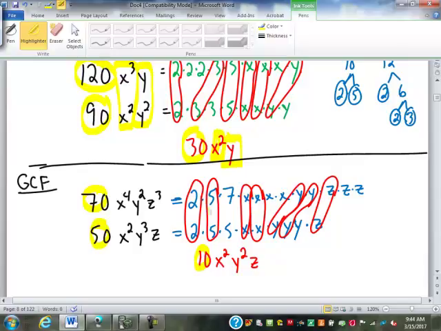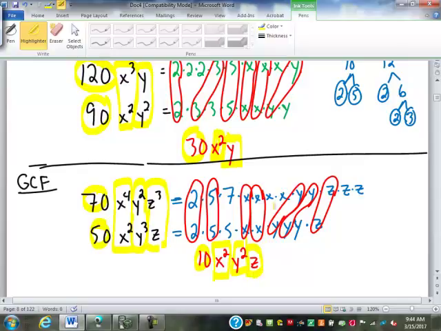Down here, we started out with x to the fourth and x squared, and what did we end up with in our answer? X squared. We started out with y squared and y to the third, and we ended up with y squared. Z to the third and z, and we ended up with z.